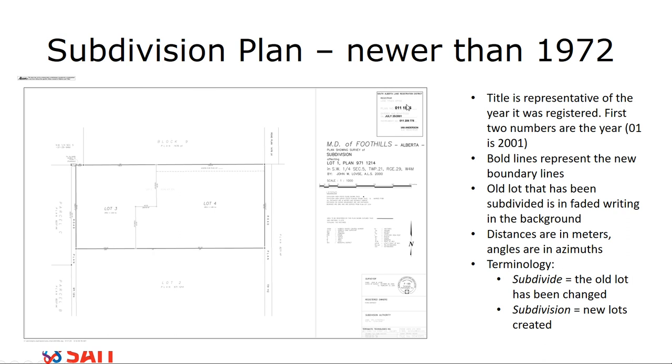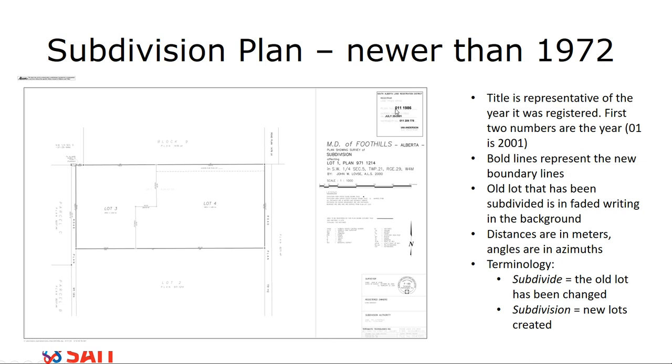Ignore that one. Ignore this number. I like using this one because it makes it really confusing. So 01 means that it was registered in 2001. This one just gives us an extra value so that once I hit 10,000, it gives me an extra number to work with.